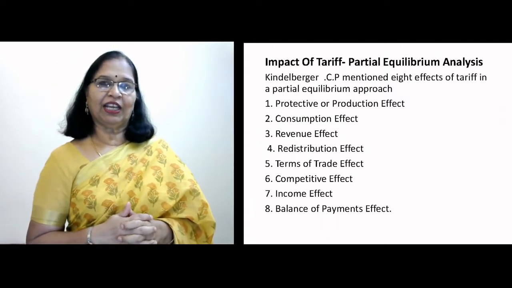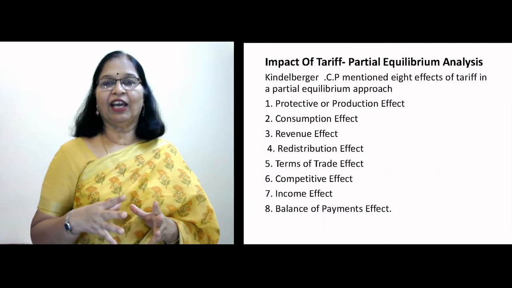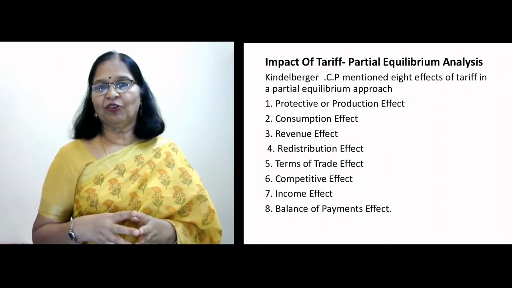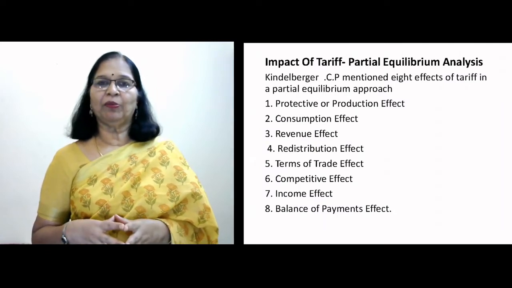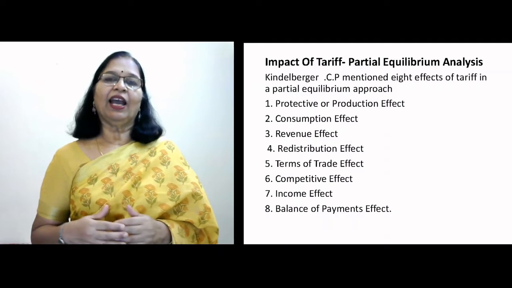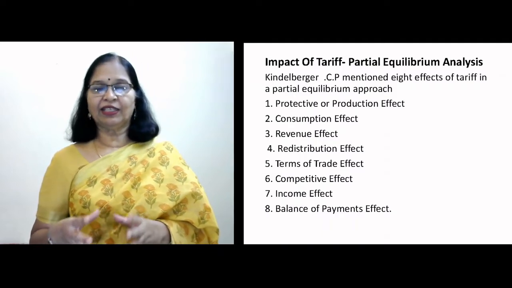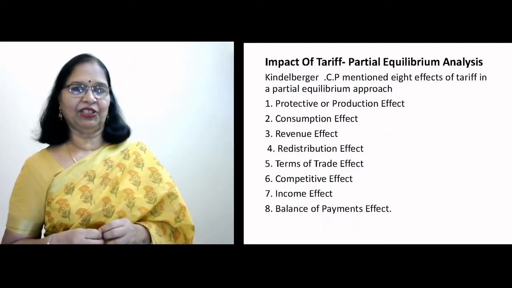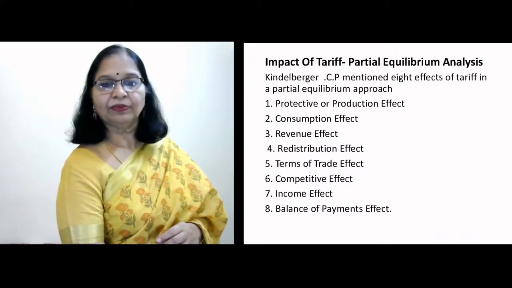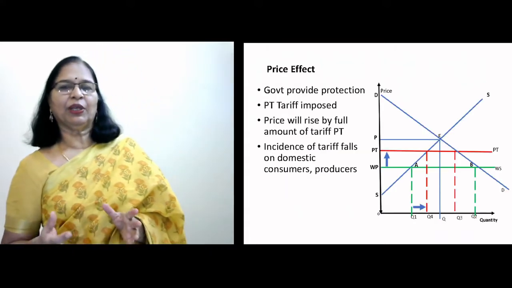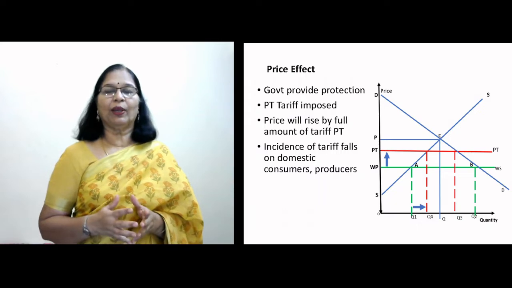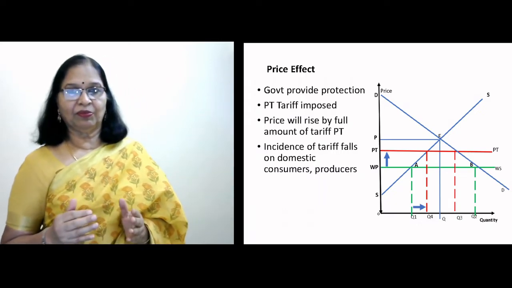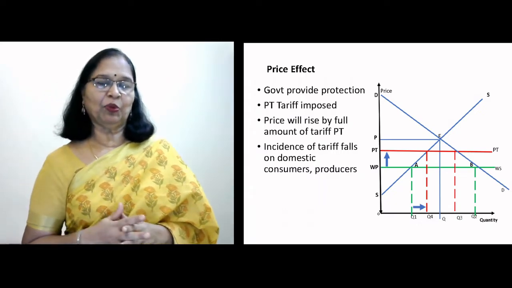Impact of tariff. Kindleberger has analyzed the effect of tariff on the economy under 8 subheadings, and we shall examine these 8 subheadings in the presentation. The first is what happens to the price in the third stage, when the government imposes a tariff.